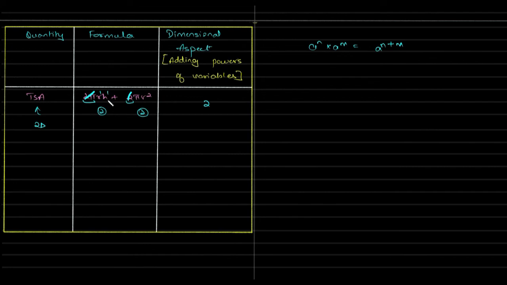It's only for dimensional analysis. It's nothing to do with exponents. It's only to understand. So we should add dimensionally. If we need to add something, we should be adding the powers of variables which we are multiplying. So in this case, 1 and 1 will give us 2. It's already 2 over here. So we are looking at 2, the combined power, whatever you want to call it, it is 2.